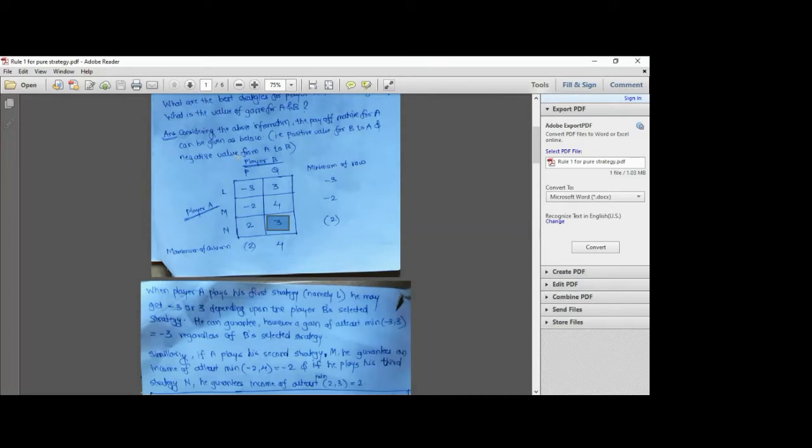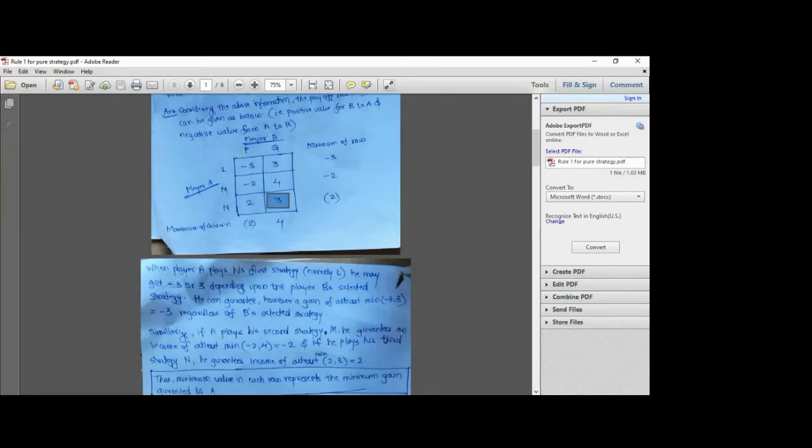So I've written it in the proper format so that you understand what I'm going to tell you. So now player A plays his first strategy, namely L, and he gets minus 3 or 3 depending upon the player B's selected strategy. So particularly he can guarantee however again.